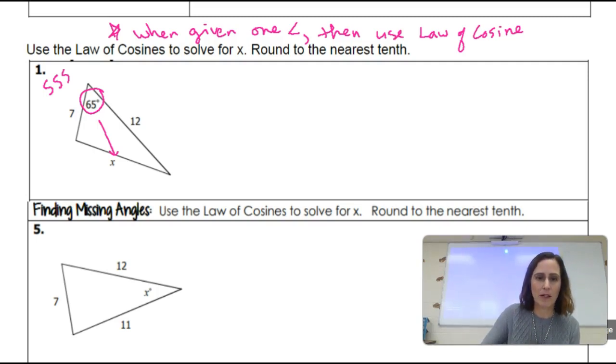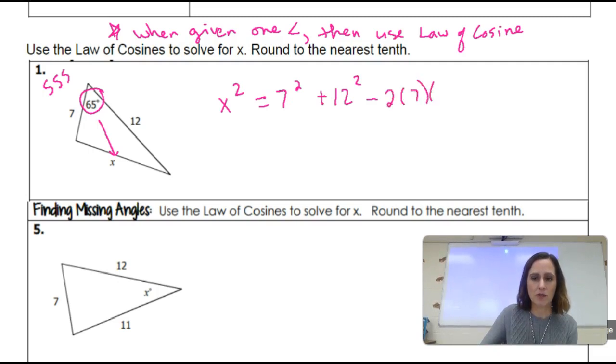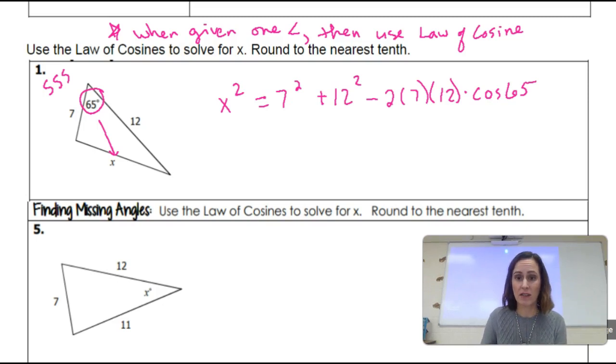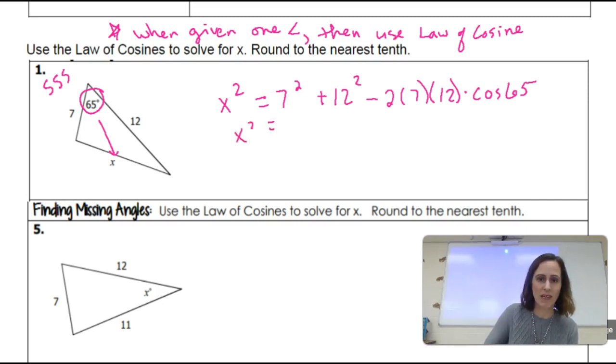So we would have x squared is equal to 7 squared plus 12 squared minus 2 times 7 times 12 times the cosine of that angle 65. And honestly, you just type all of that in your calculator in one go. I'll kind of break it down, make it more manageable.